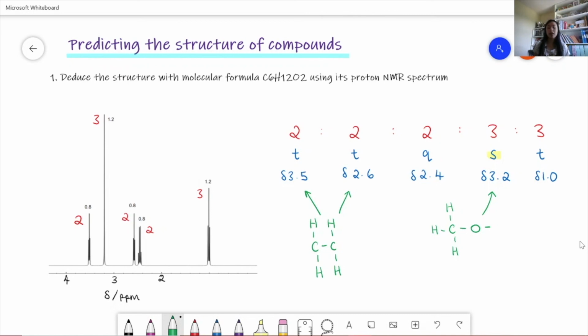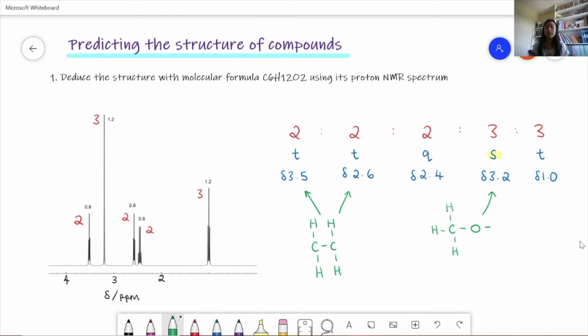And if we looked at the right-hand side carbon, those 2 hydrogens would also have a triplet peak due to the left-hand side carbon having 2 hydrogens on it. And so we would have the relative intensities in the ratio of 2 to 2, because we have 2 hydrogens on each carbon, and also 2 triplets.